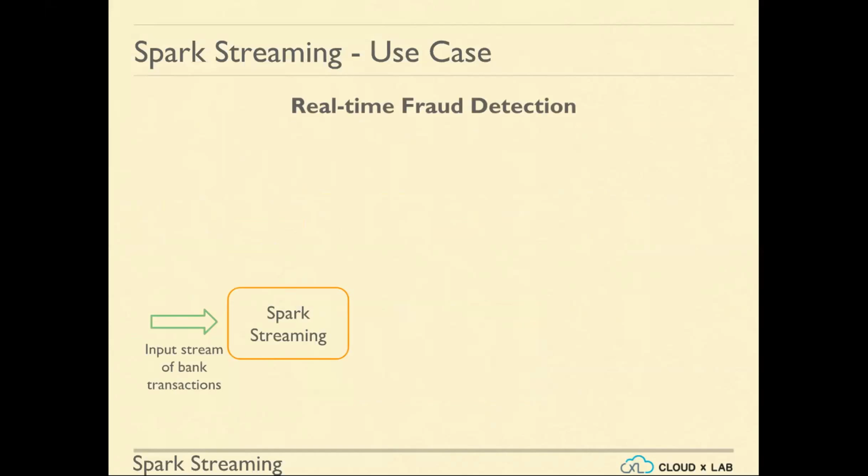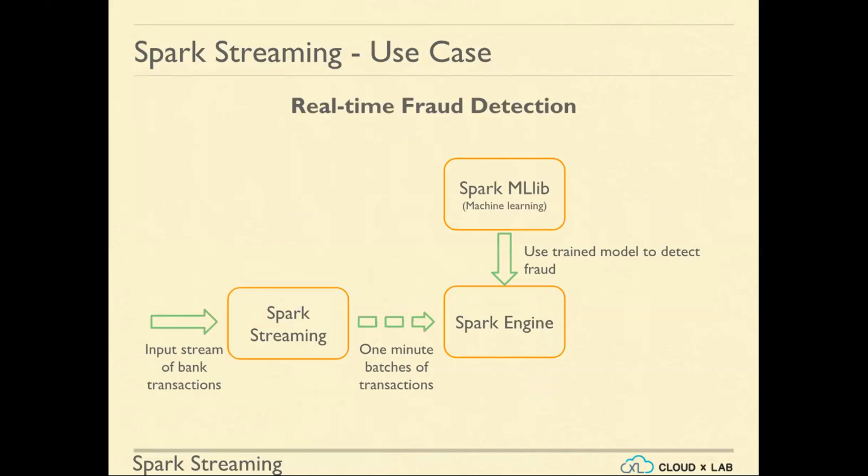The input stream of bank transactions is coming to you. Spark Streaming breaks it down into 1-minute batches of transactions and processes each batch using, say, a machine learning algorithm from MLlib, which is a trained model to detect fraud.